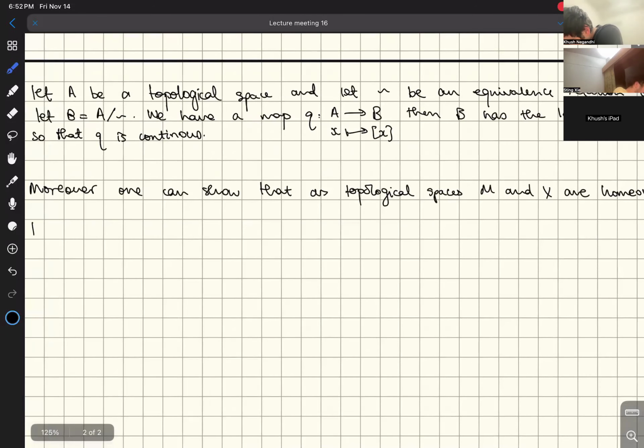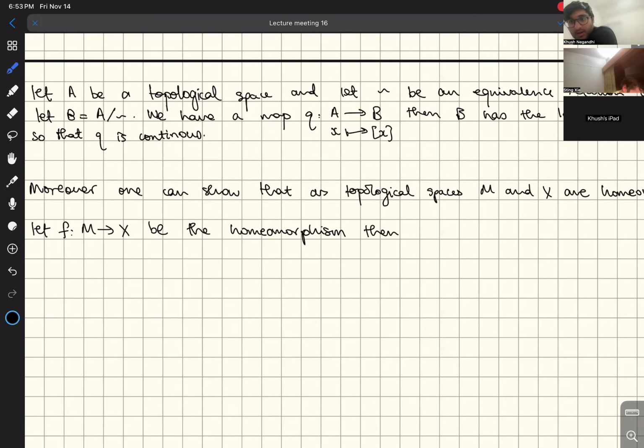So let F from M into X be the homeomorphism.